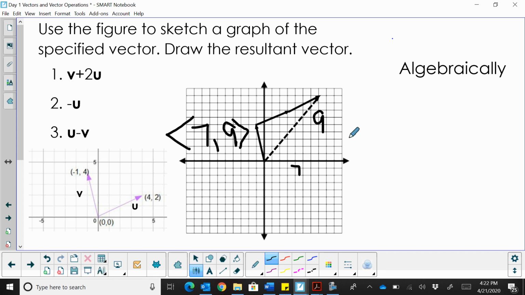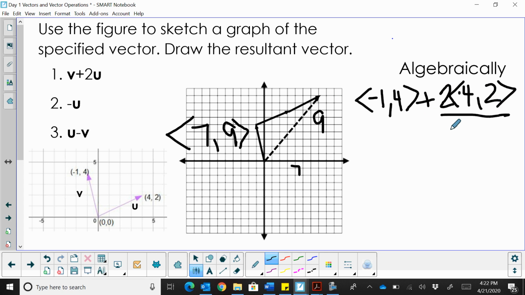So I'm going to take the first vector, and it's in standard position, so it's -1, 4, and I'm going to add to it 2 times the vector 4, 2. So algebraically, I first have to multiply by my scalar.